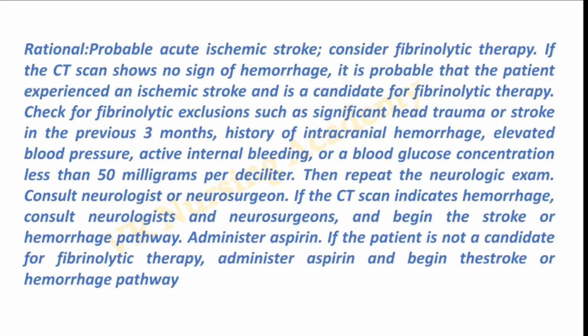Then repeat the neurologic exam. Consult neurologist or neurosurgeon. If the CT scan indicates hemorrhage, consult neurologists and neurosurgeons and begin the stroke or hemorrhage pathway. Administer aspirin. If the patient is not a candidate for fibrinolytic therapy, administer aspirin and begin the stroke or hemorrhage pathway.